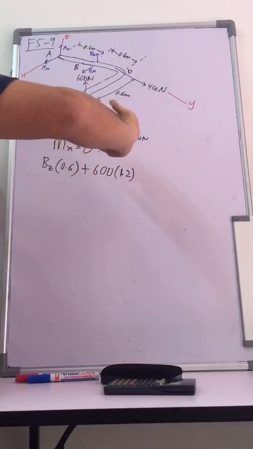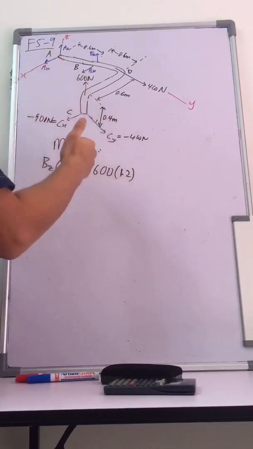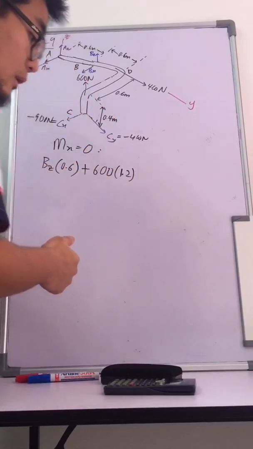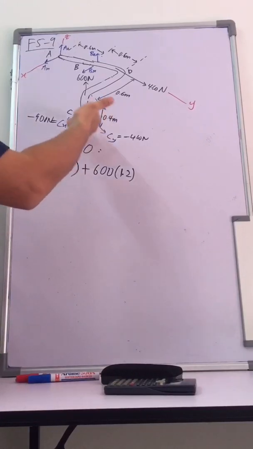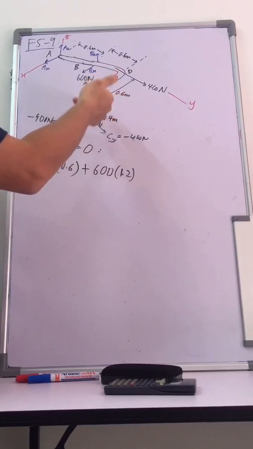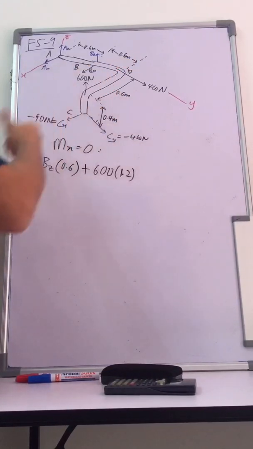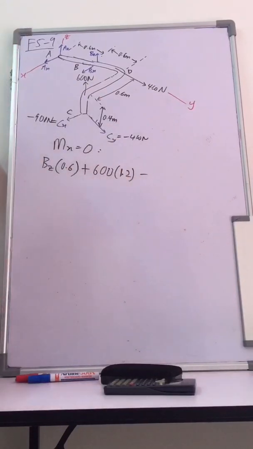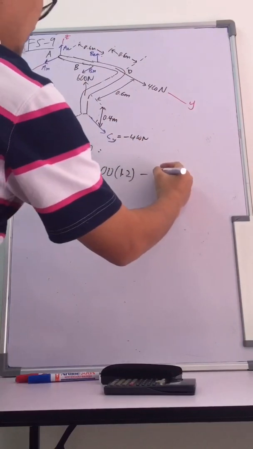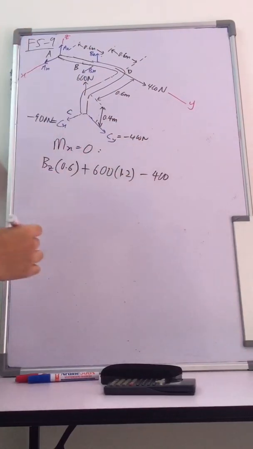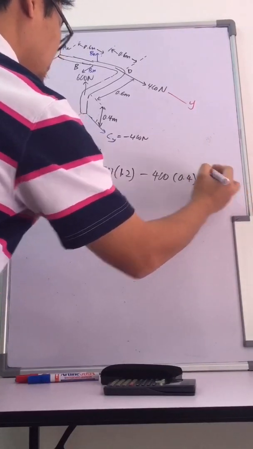So if we go in minus Y direction and we take this 0.4 meter arm, you have minus moment in X direction, and the magnitude is 400, and then the arm is 0.4 meter.